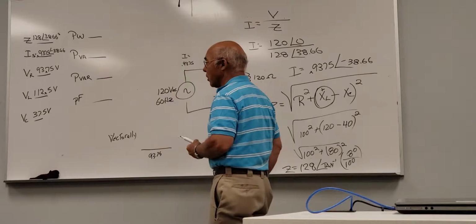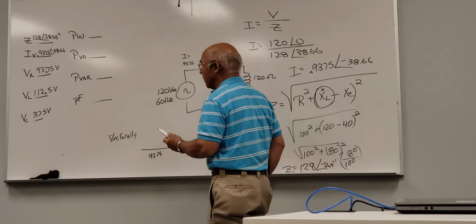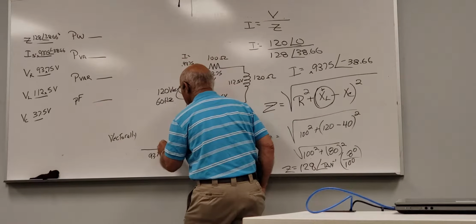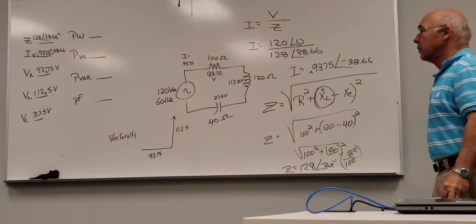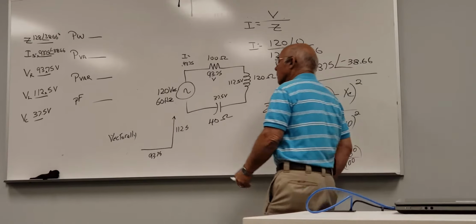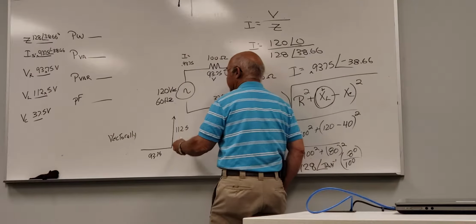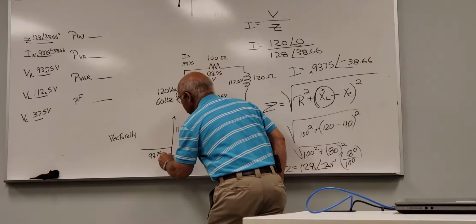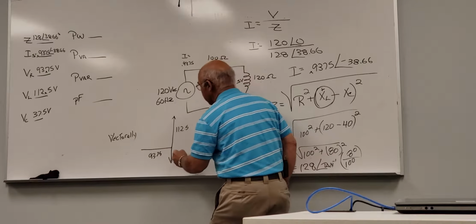The voltage across the inductor is 112.5. The voltages between the inductor and the resistor are 90 degrees out of phase. 180 degrees out of phase with the inductive voltage is the capacitive voltage.